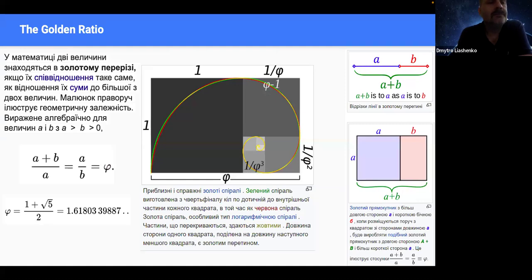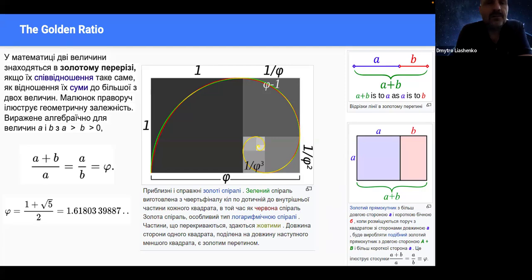The golden ratio is a mathematical equation where we see two values that are in a particular relation.